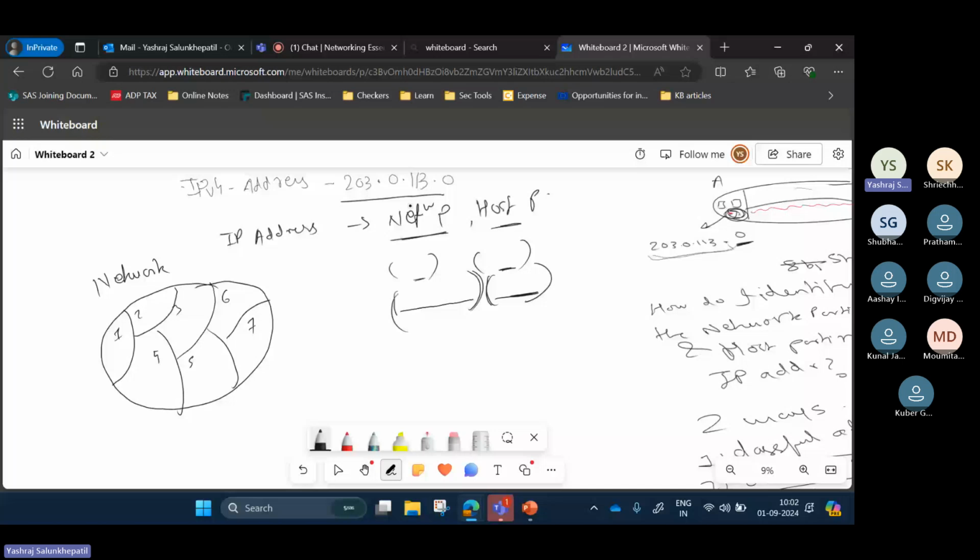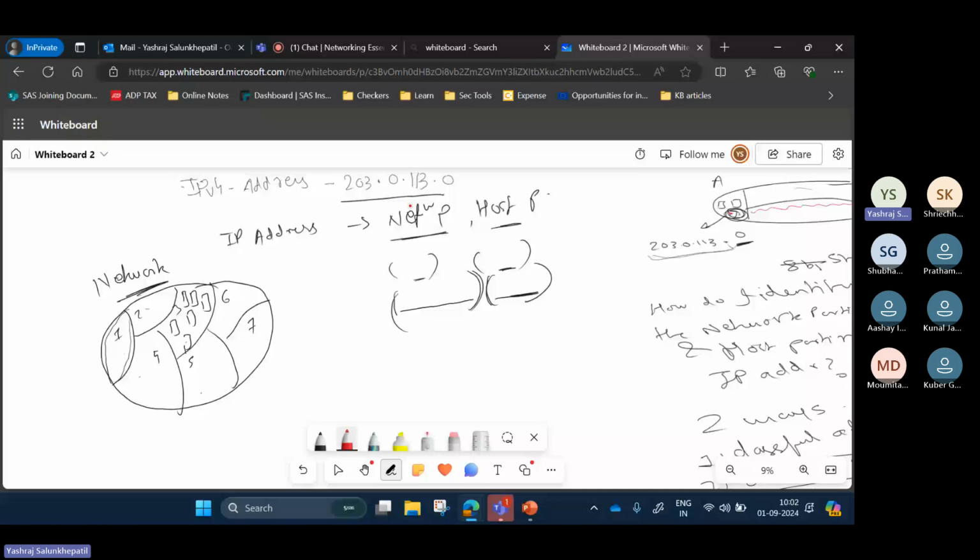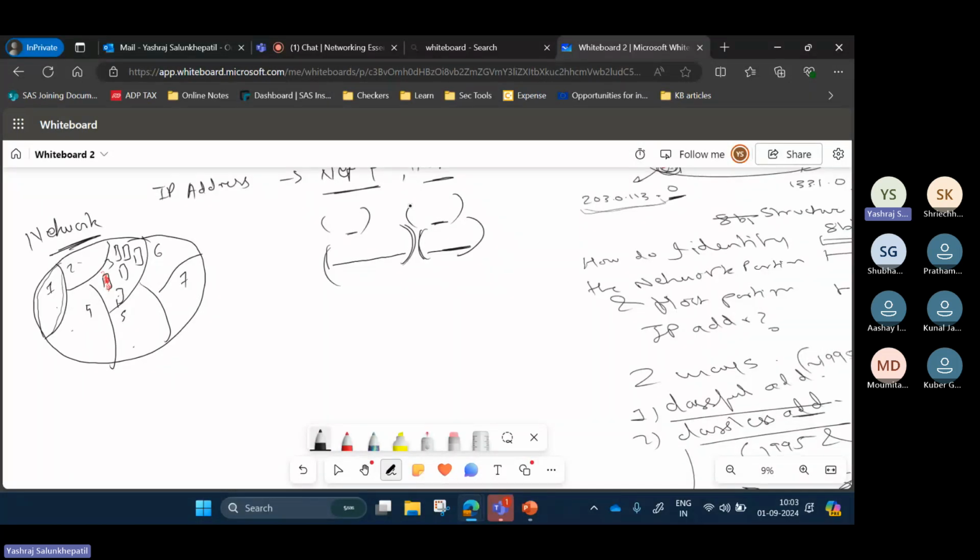So the network portion will tell you in which subnet the data has to go. And in this subnet, there are multiple laptops, PCs, phones, etc. The host portion will tell you exactly which device the data has to go to. That is how IP addresses help to send data from one device to another.